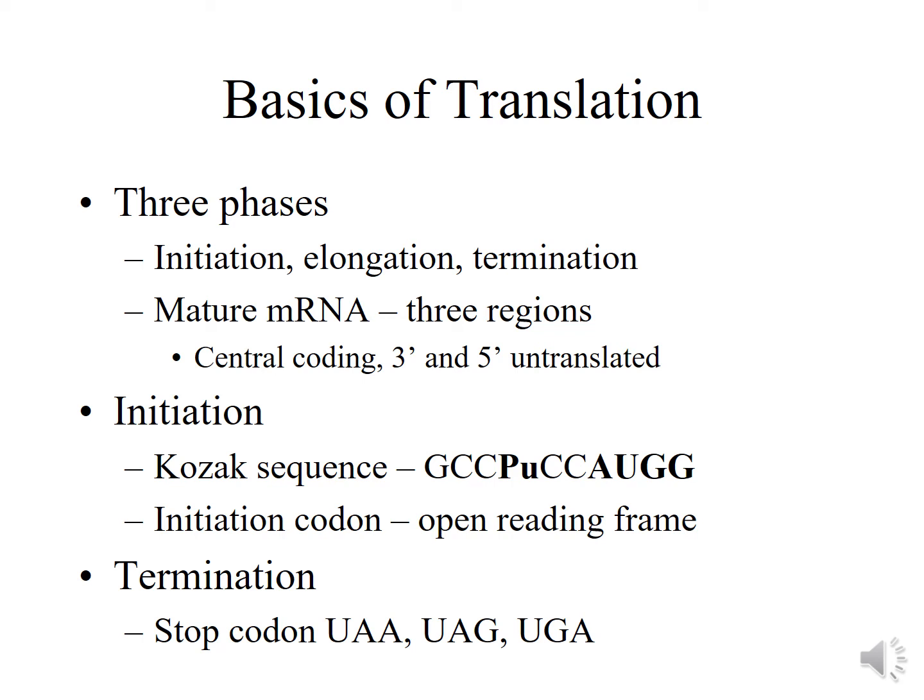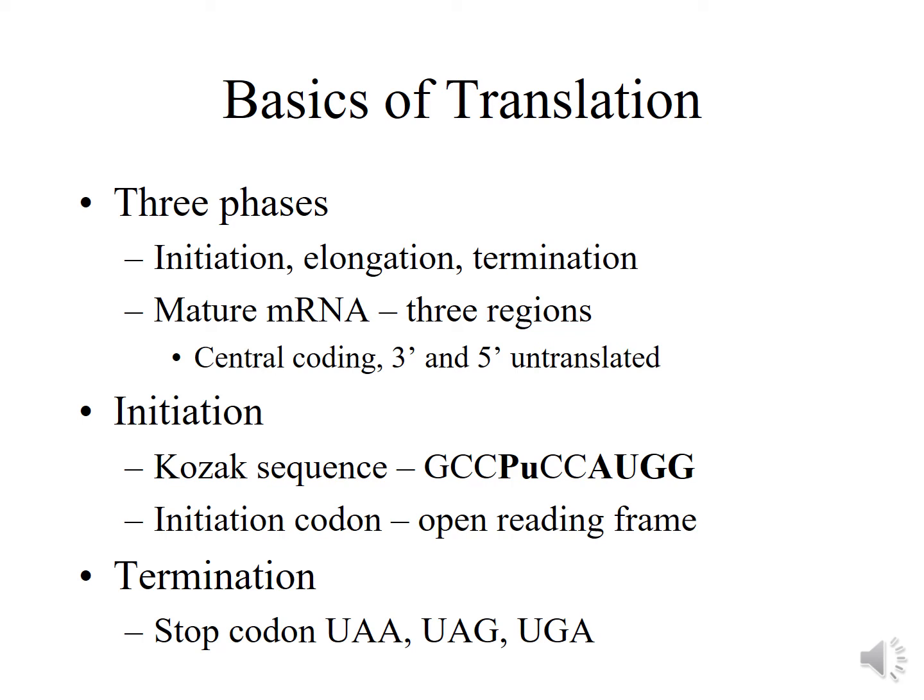So nearly all proteins then, because AUG codes for a methionine, if you'll recall back to our previous slide, nearly all proteins begin with methionine. The initiation codon is the start of an open reading frame. That is the start of the amino acids in the polypeptide.